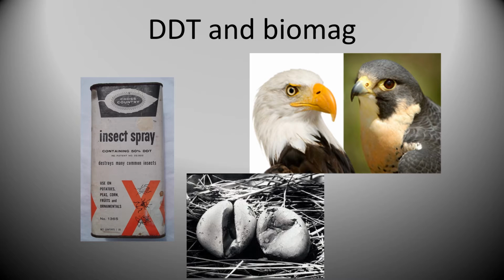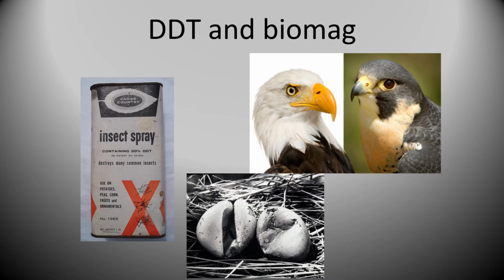So Rachel Carson, remember, was the one that came up with the classic example of eagles and DDT and biomagnification. So DDT is not soluble in water. It accumulates in the bodies of organisms, and it moves through that food chain through biomagnification.